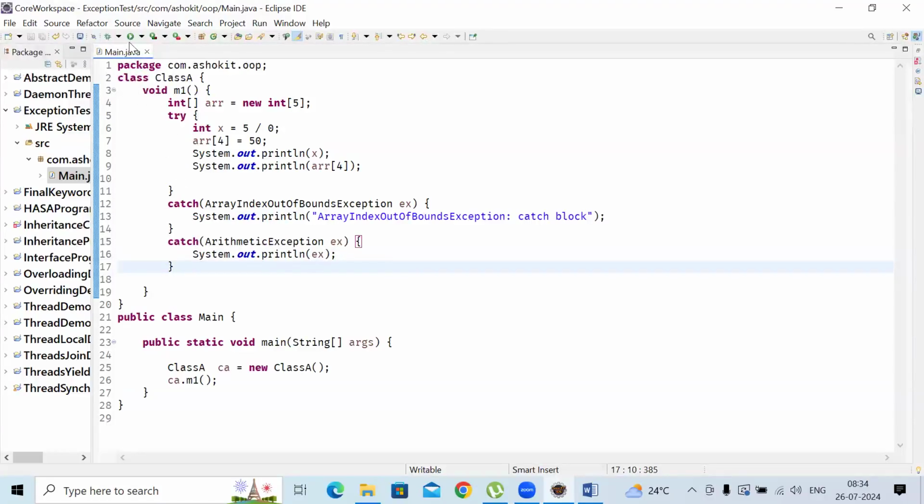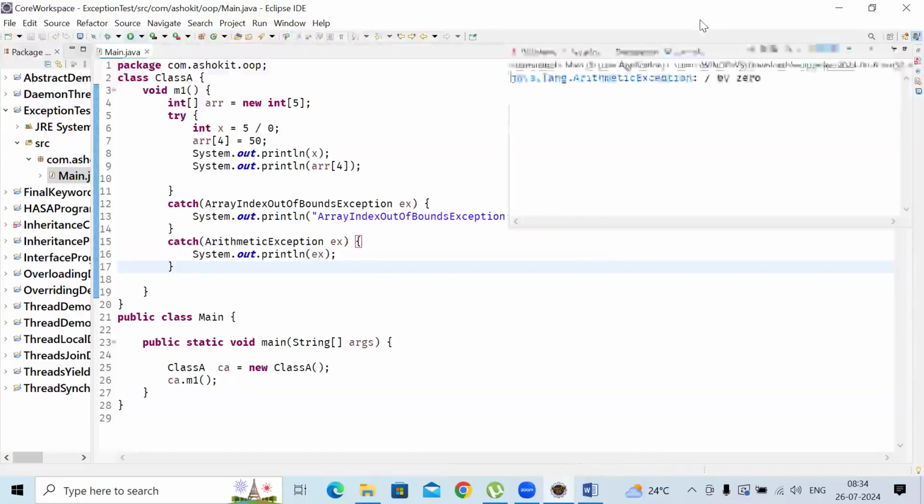Tell me what the output is. java.lang. java.lang is the package name. What's the default package in Java which is imported into a Java program? java.lang. What about classes like String, Exception, RuntimeException, Object, StringBuilder, StringBuffer, NullPointerException, Throwable?